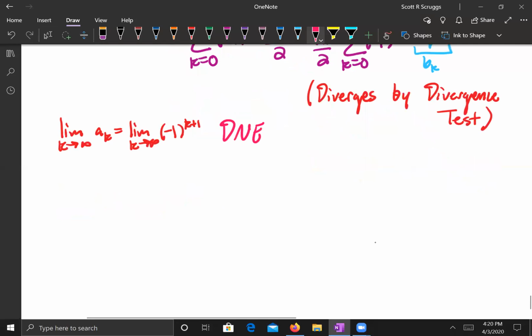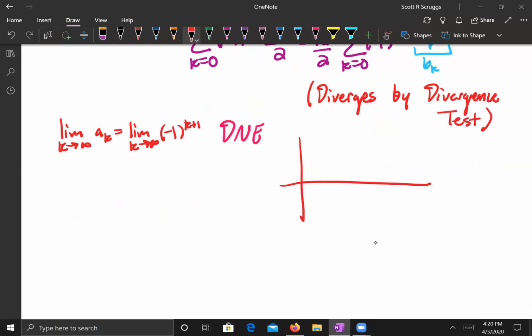And the reason why it does not exist is because it's going back and forth between plus 1 and negative 1, and it's not shrinking at all, so it's not leveling out. So it's oscillating. Bingo. And not only that, oscillating without shrinking.